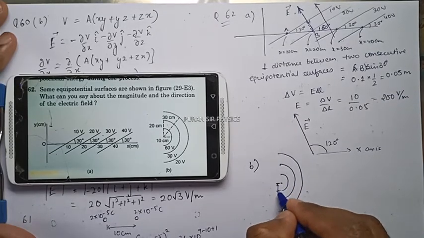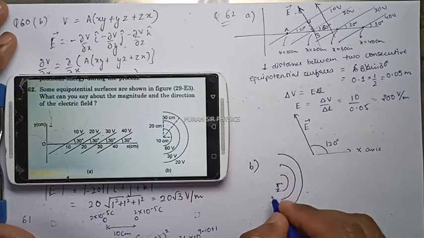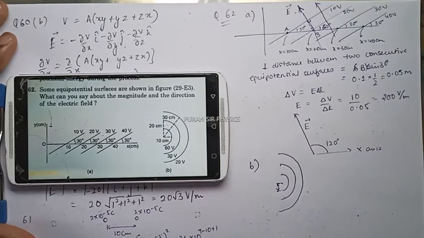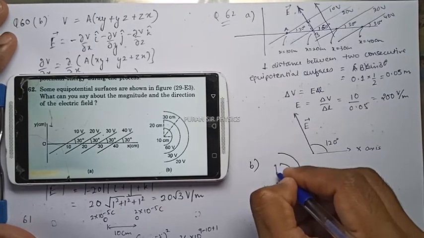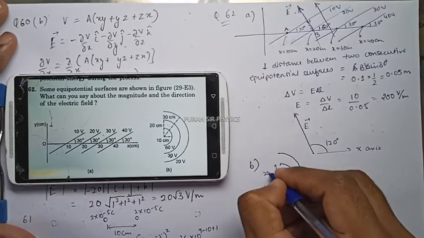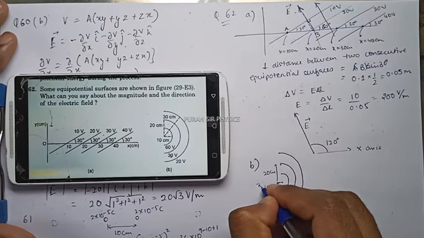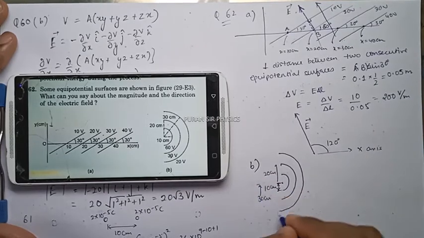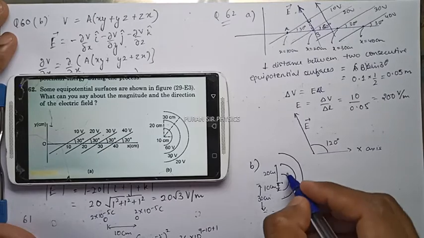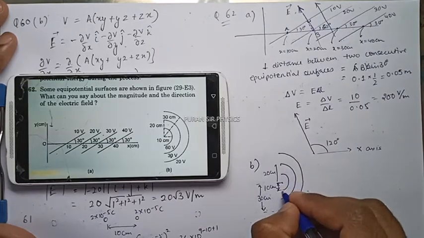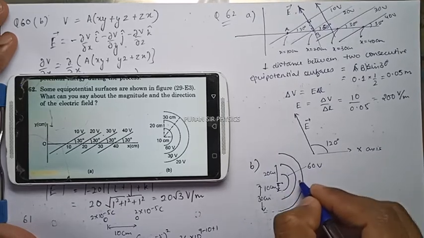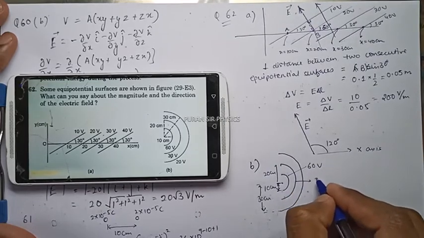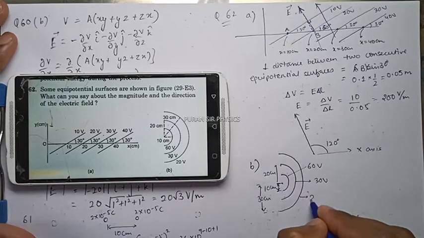So this distance is your 10 centimeter, and this radius is 20 centimeter, and this radius is 30 centimeter, and the potential is innermost 60 volt, and this second one is 30 volt, and this one is 20 volt.